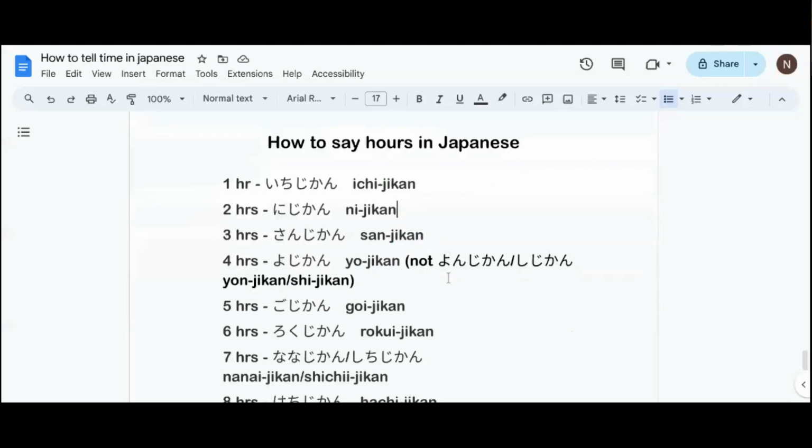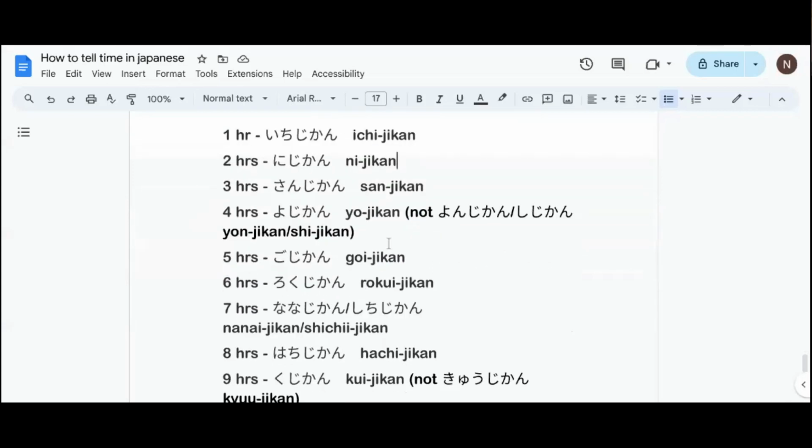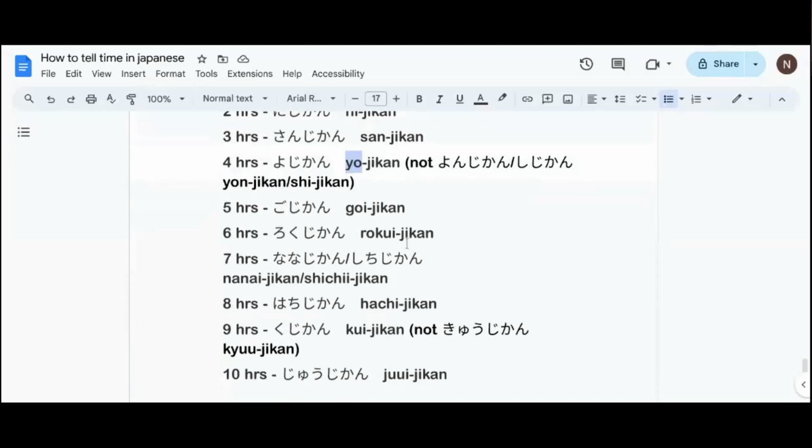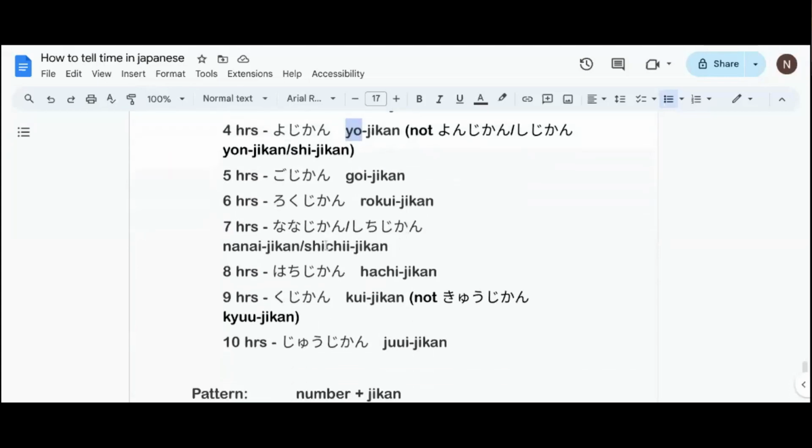Okay, and then again, the exception, it is not yon jikan, but only yo jikan, without the n. Yo jikan. Okay, and then for 7 hours, nanajikan or shichijikan, yes, we use nanajikan or shichijikan.